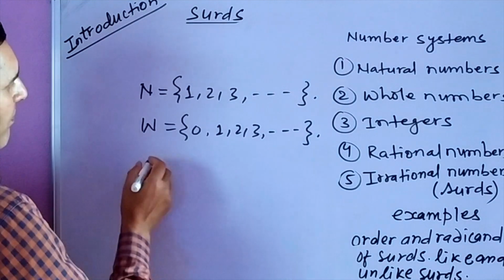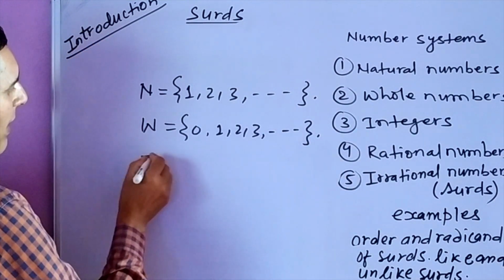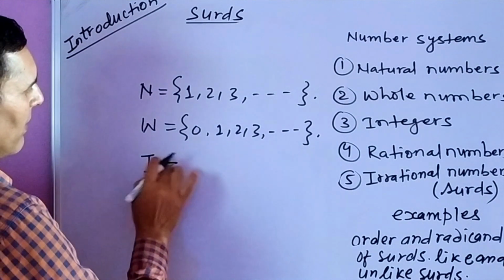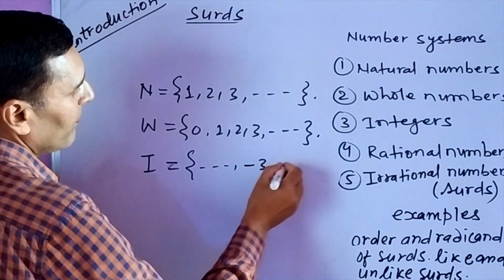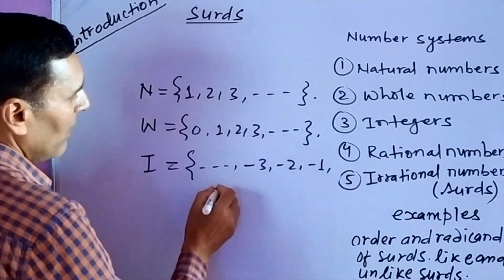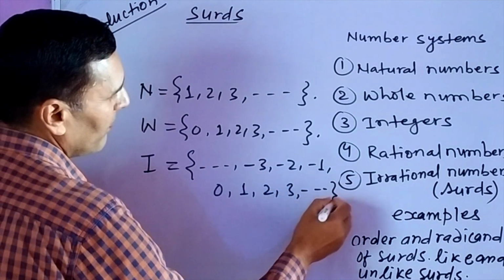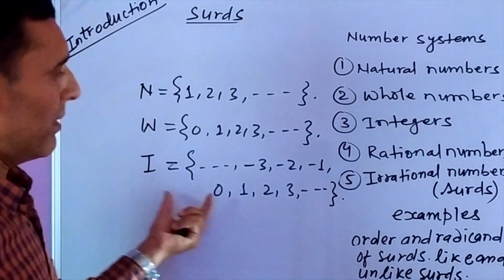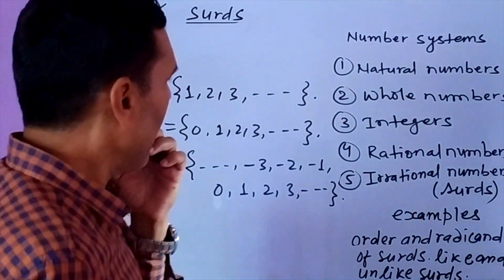And similarly, integers. Integers are generally denoted by I or Z. So integers include all the negative numbers, 0 and all positive numbers. Integers means negative numbers, 0 as well as positive numbers.